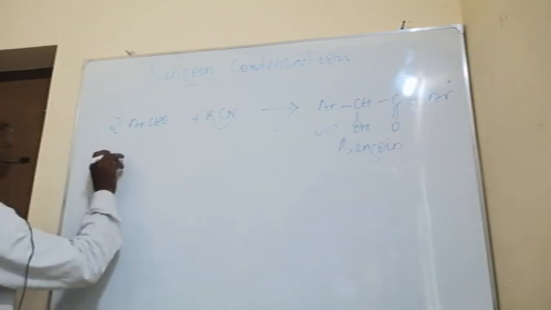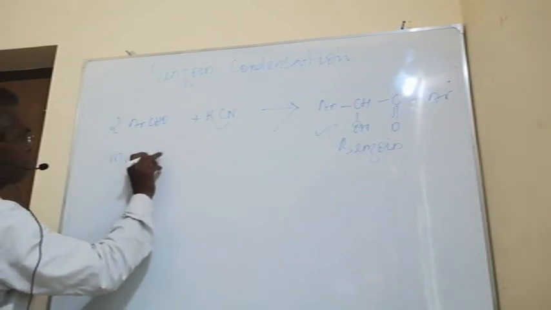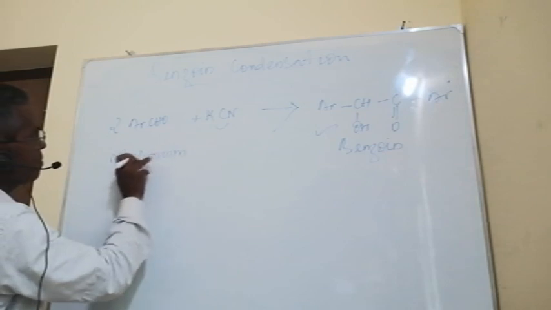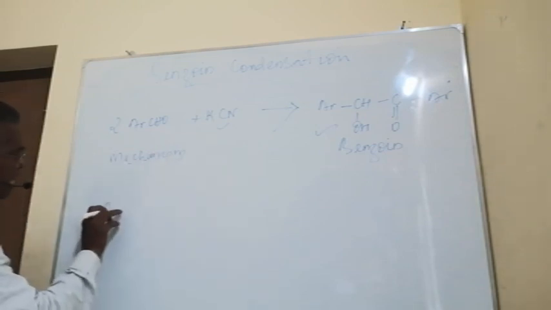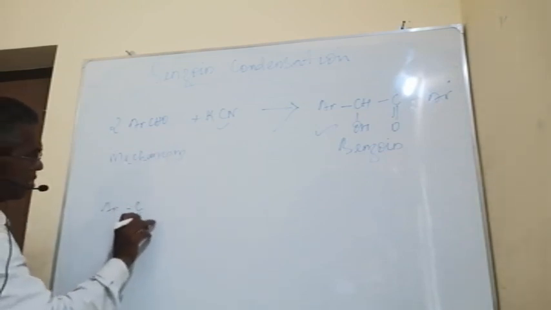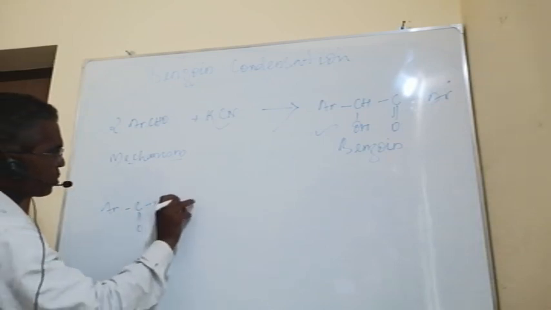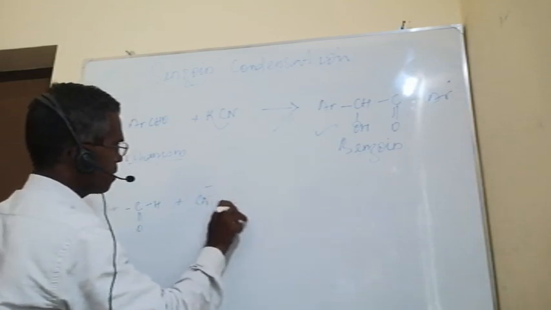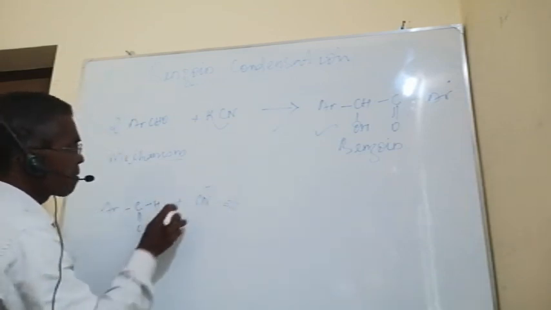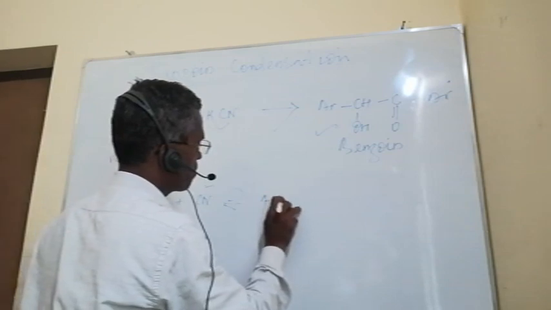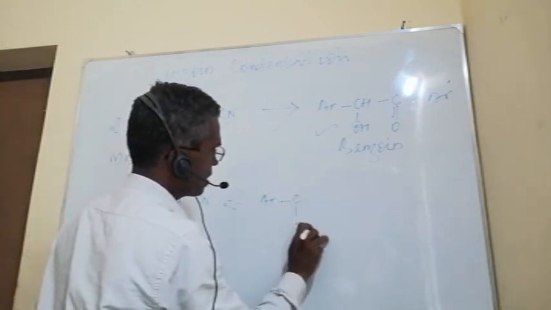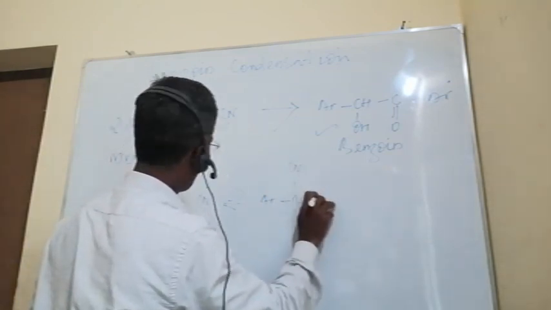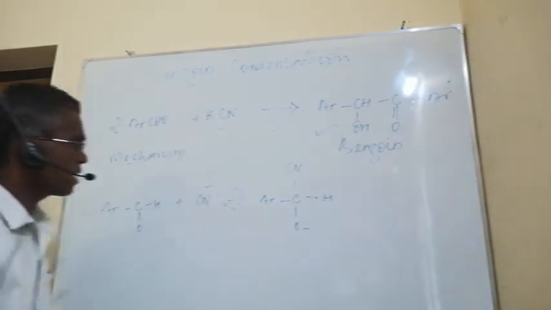Now, I'll try to explain the mechanism of how this benzoin is formed. Starting from our aromatic aldehyde, you take the first aromatic aldehyde, C double bond O and H. We are treating this with CN minus in an equilibrium reaction. This is a simple step in which the addition of CN to one aldehyde takes place, leading to the formation of this.